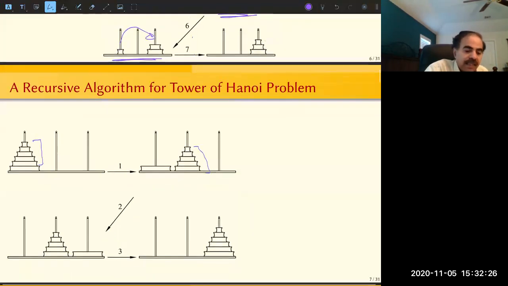And then I can move the last disk over here. And then once again, I have these n-1 disks here, and I need to move them back on top. So that's what this picture illustrates. You take the n-1, move them to the second post, then move the largest disk to the third post, and then move these n-1 again back on top.